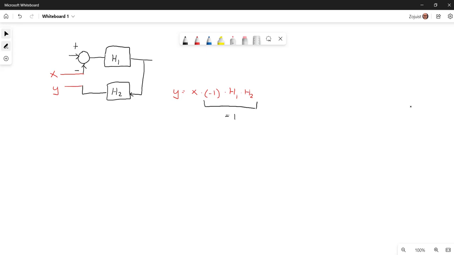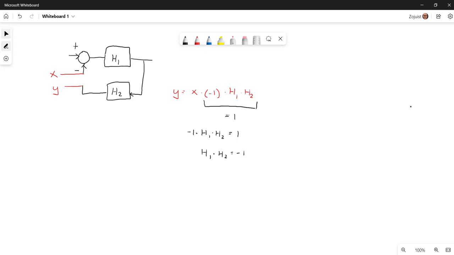That is the case when -1 times H1 times H2 is equal to 1, or we can say when H1 times H2 is equal to -1.